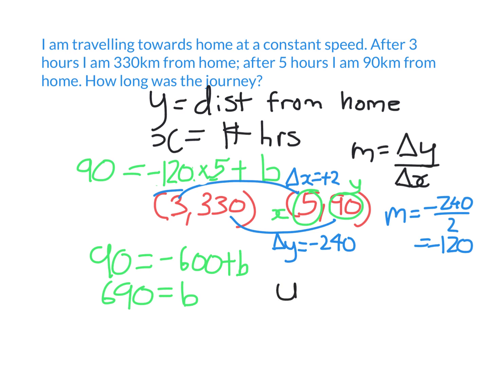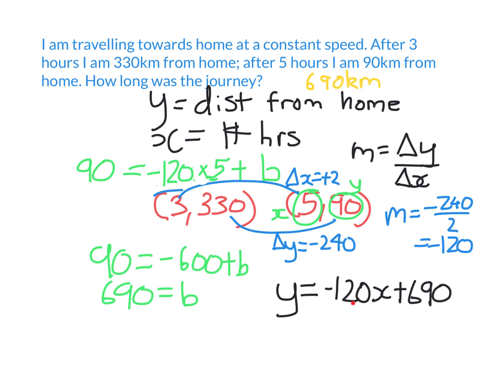The equation linking x and y is y equals negative 120x plus 690. This tells us that when x was 0, so 0 hours of driving time, the distance from home was 690. So the journey was 690 kilometers. That's the answer in terms of distance.